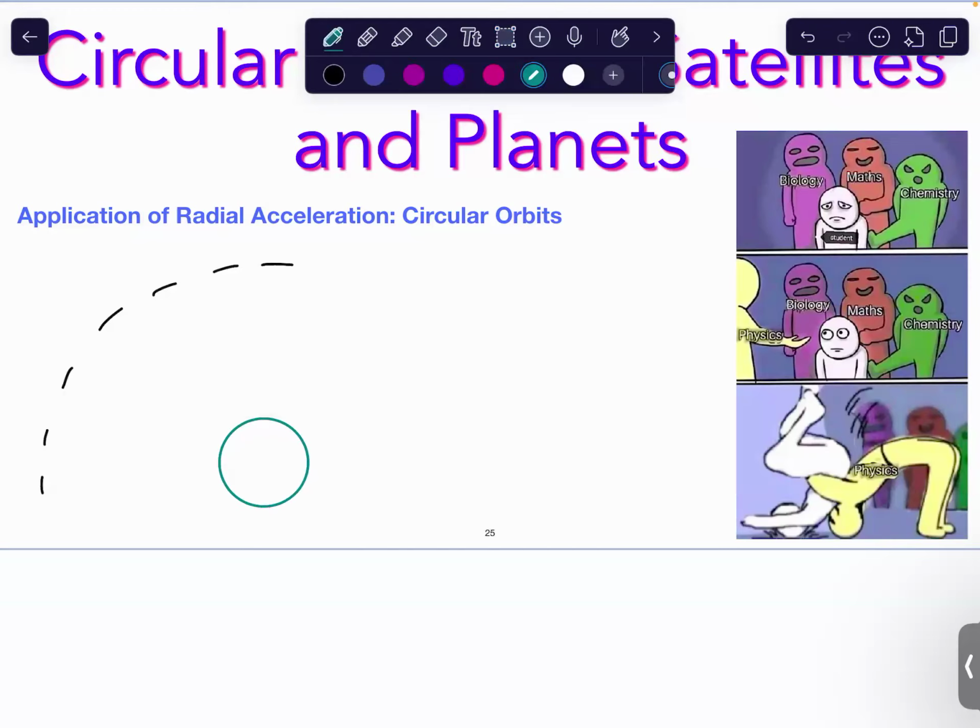There's a planet there, the center of mass of the planet. Then you have something, maybe a moon or an artificial satellite, orbiting the planet. You have your velocity there.